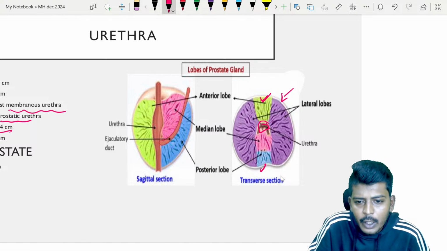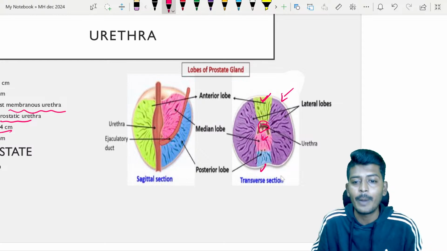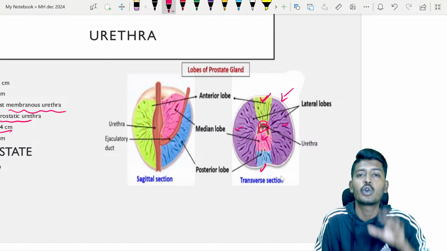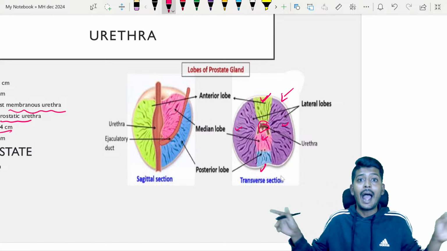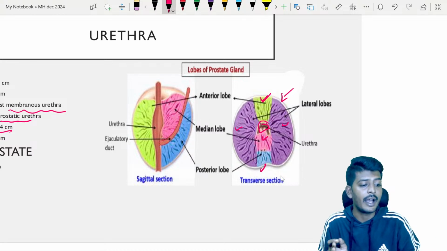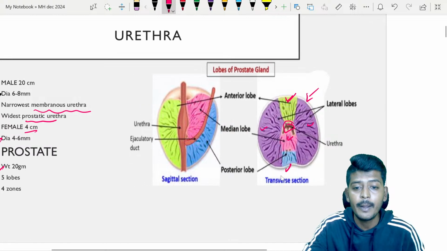The part of the prostate just behind your urethra is the median lobe, and we have 2 lateral lobes. So totally how many lobes? 5 lobes: one anterior, one posterior, 2 lateral, and one median lobe of the prostate.